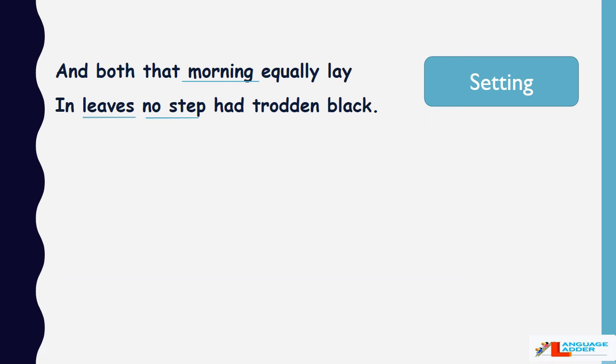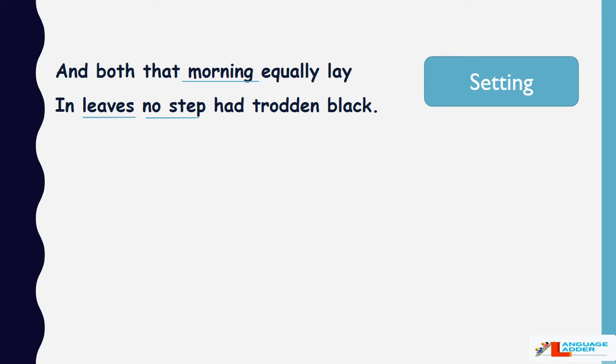We already know that the poem is set in the forest, and it's autumn, as suggested by yellow wood in the first stanza. Here we further gather that it is morning, and the poet can see the fallen leaves on the path, which haven't been trodden upon or haven't been crushed by the footsteps as yet on that particular morning.